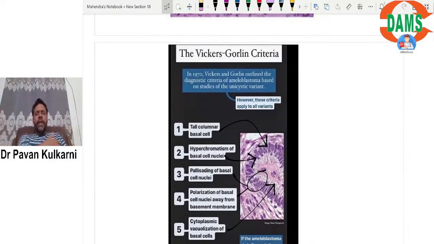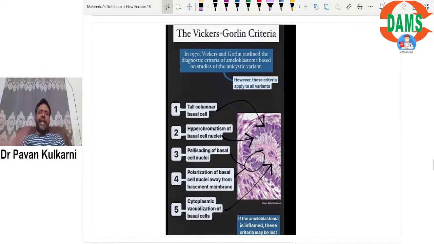Now this is another image. I have taken it from an Instagram actually. It was a very beautiful image to explain the Vickers-Gorlin criteria. All of us know that it is a criteria for ameloblastoma, ameloblastomatous transformation. So we should be aware of what the Vickers-Gorlin criteria are. We should know that the ameloblast cells typically look like tall columnar cells.